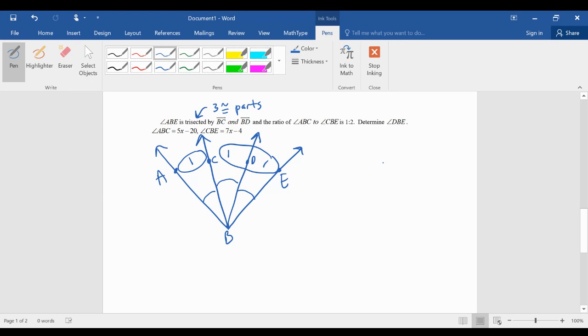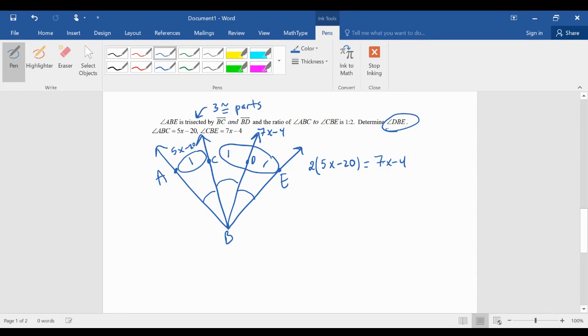We know the measure of ABC is 5x minus 20, and CBE is 7x minus 4. So in this case, 2 of angle ABC will equal 1 of angle CBE. So we can do 2 times 5x minus 20 equals 7x minus 4. And now we have our setup, and we can solve for x.